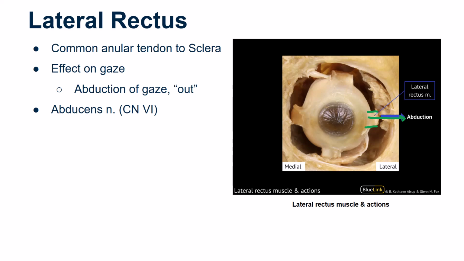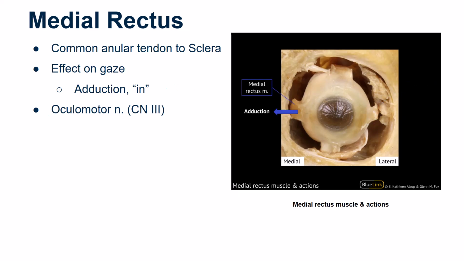It is innervated by the abducens because the abducens abducts the eye, or cranial nerve number 6. Recall the abducens has a pathway that takes it through the cavernous sinus. So one of the earlier signs of a cavernous sinus thrombosis is that of abducens palsy, or weak abduction of the eye.